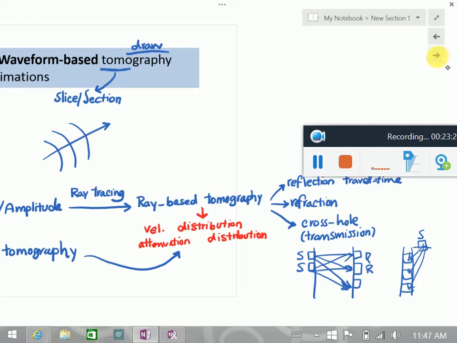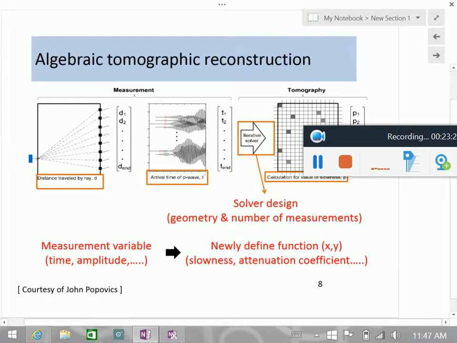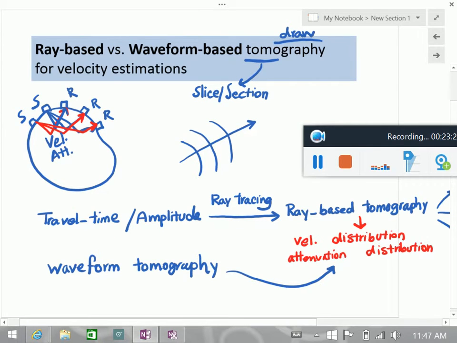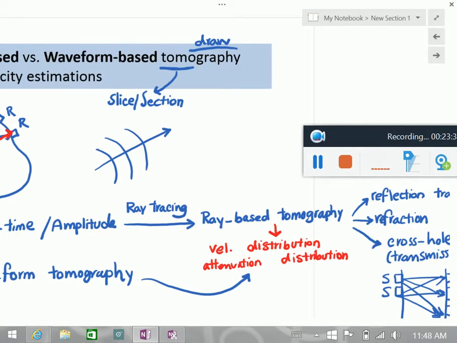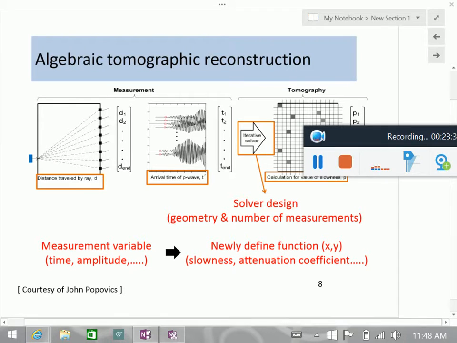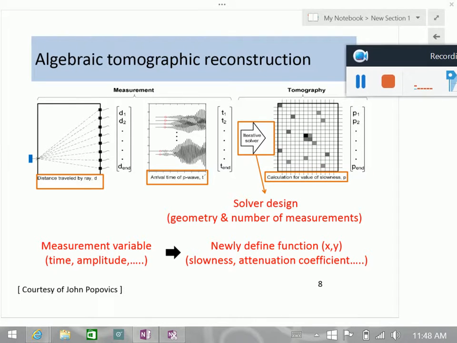Now let's see how this works. So the idea is I want to show you, in, let's say, reflection travel time tomography, how does this actually work? What is behind this? How does the algorithm work? The one I'm going to talk about is this algebraic tomographic reconstruction.